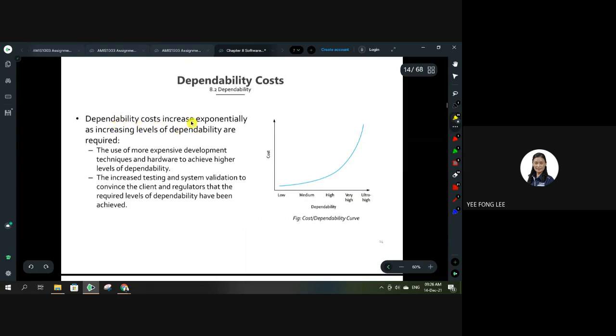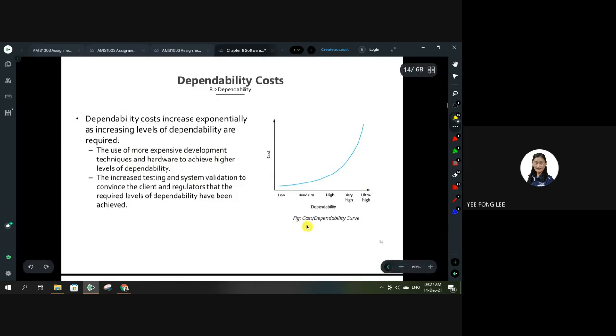Dependability cost increases exponentially with increasing levels of dependability. So as the cost increases, dependability also increases, because of the use of more expensive development techniques and hardware to achieve higher levels of dependability. So we can see clearly the relationship between both.